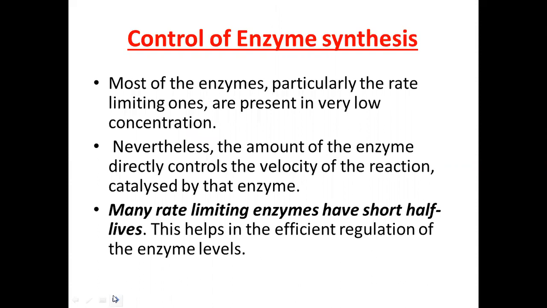Number first is control of enzyme synthesis. As the sentence indicates, enzymes are synthesized in the body to a very controlled level. The synthesis of enzymes is not a haphazard or random process, but the synthesis of all types of enzymes is under strict control.